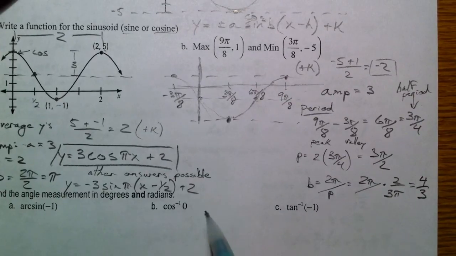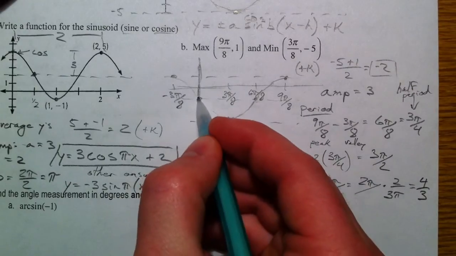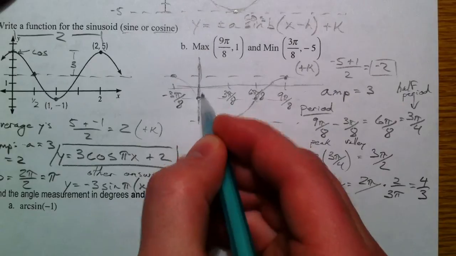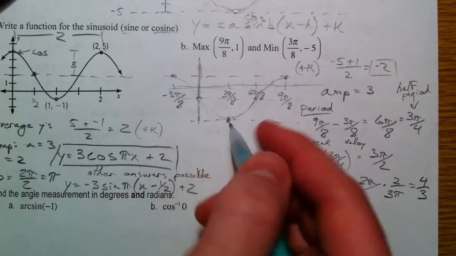And so now we need to decide, do we have a sine, a cosine? You can notice that we continued the pattern back to 0. 9, 6, 3, 0, and so it's a negative sine function.